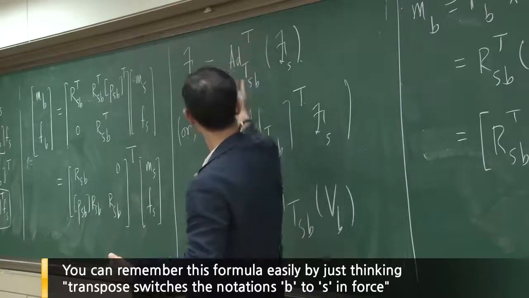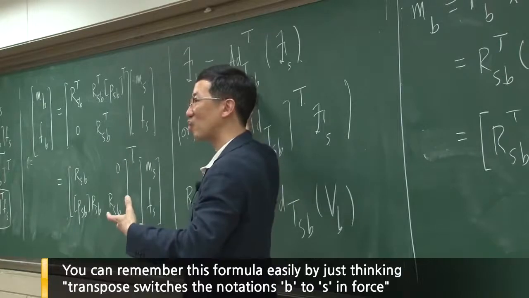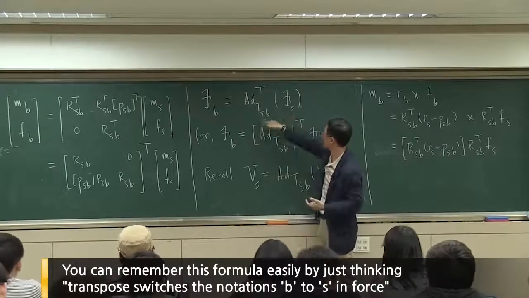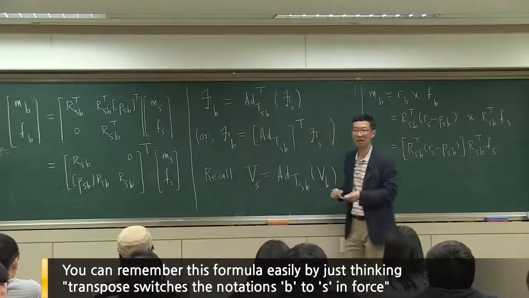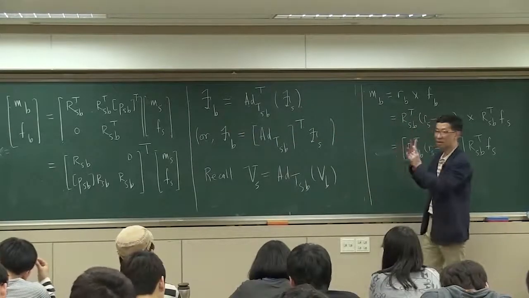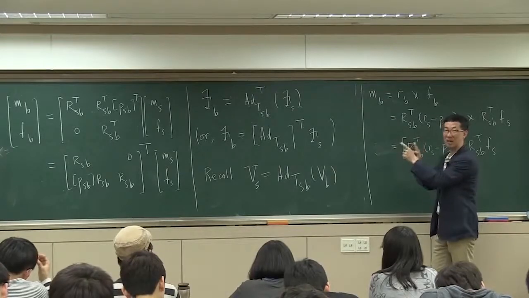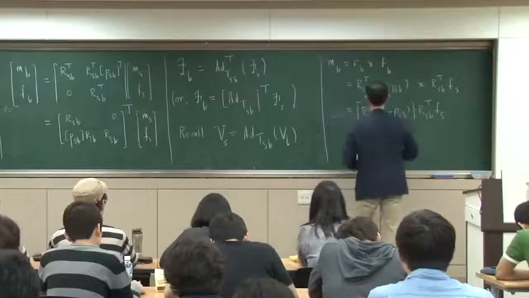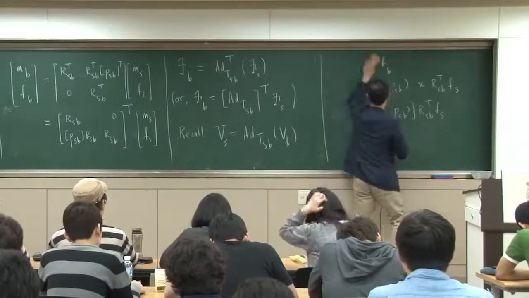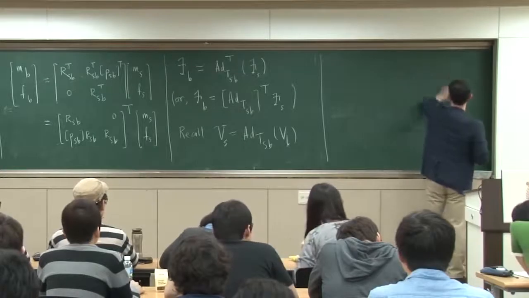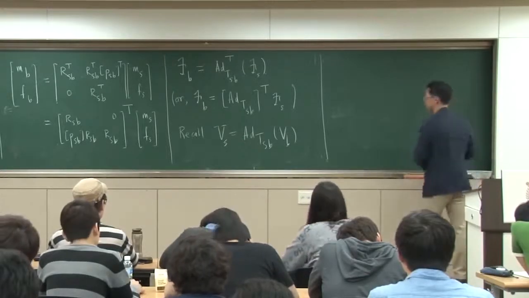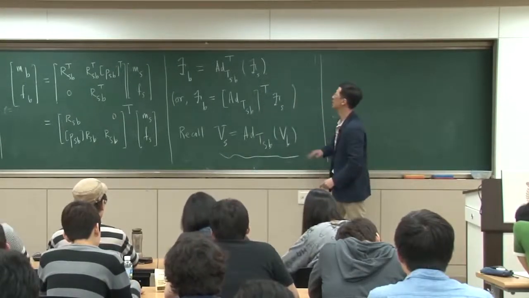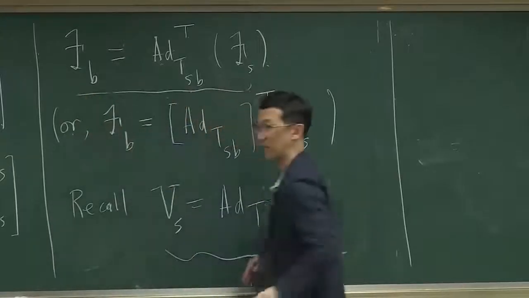The transpose you can think of as switching the B and S around, so then the S's cancel and you're left with a B. So think of transpose qualitatively as the S and B being switched. So you have this relation for velocities, this relation for forces.